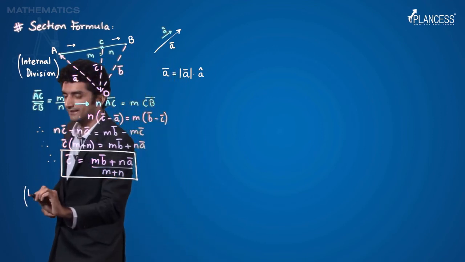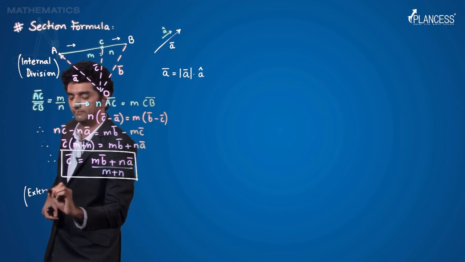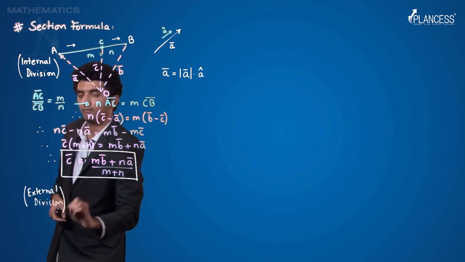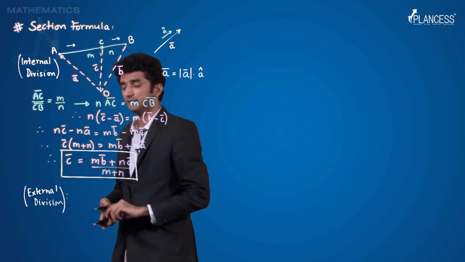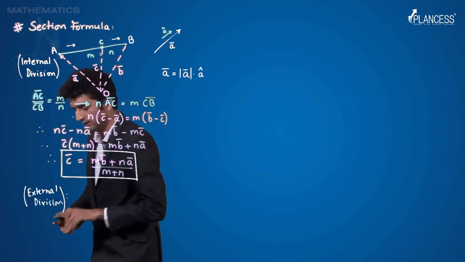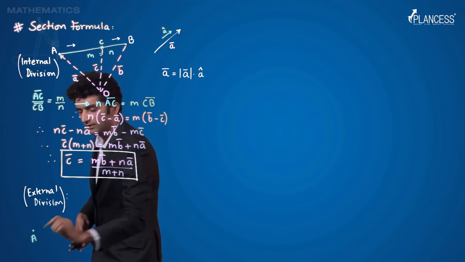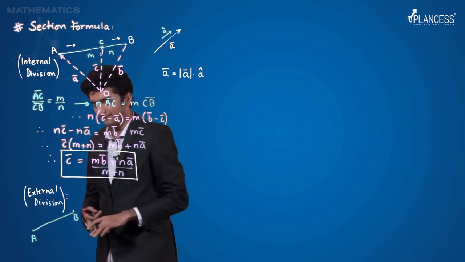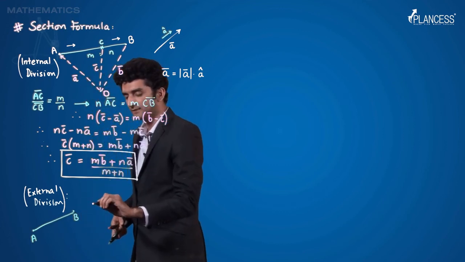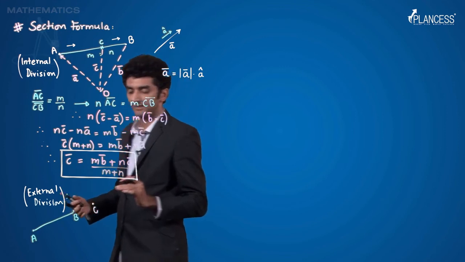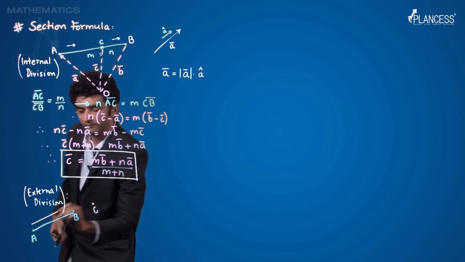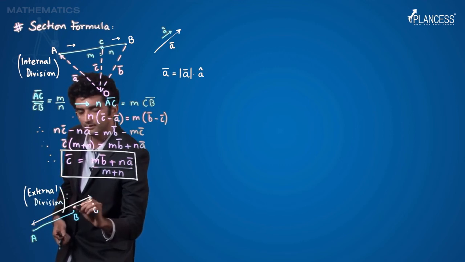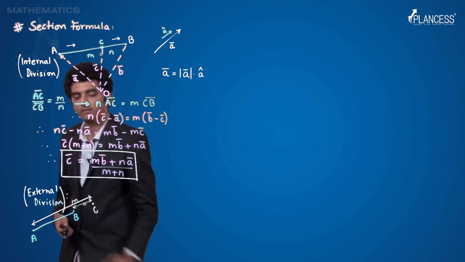Because if we have external division, what happens is when you have point A over here, you have point B over here, and then if you have point C somewhere outside the segment AB, and if AC is to BC is m is to n, right?